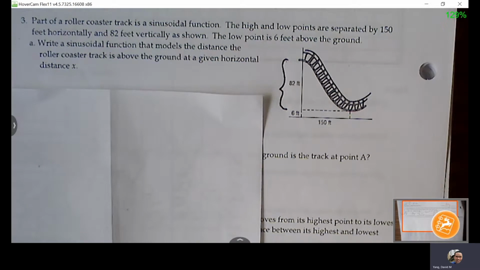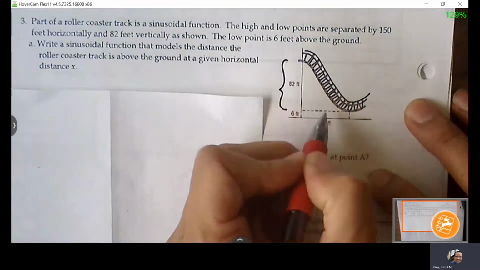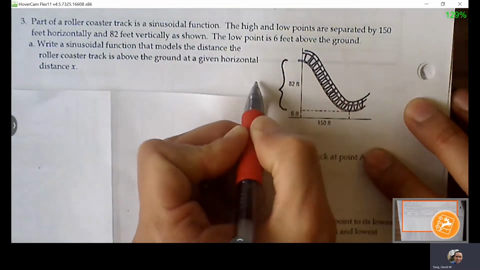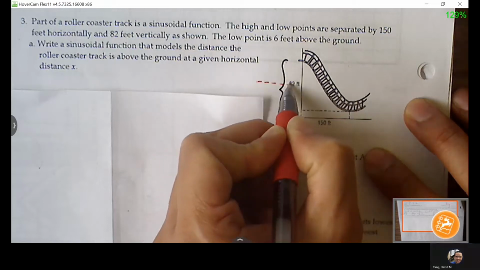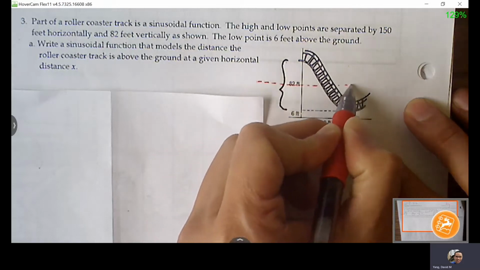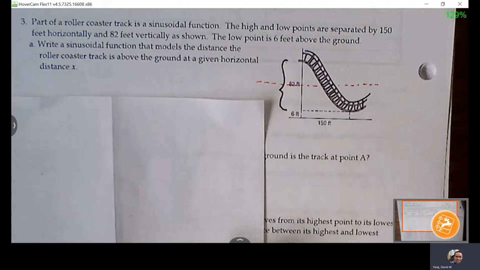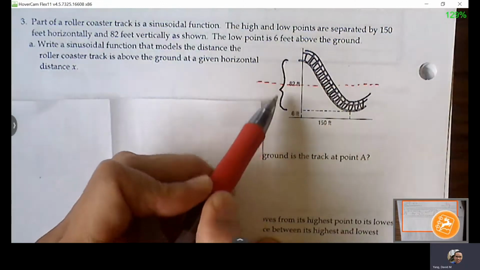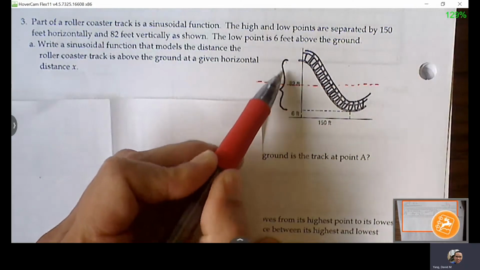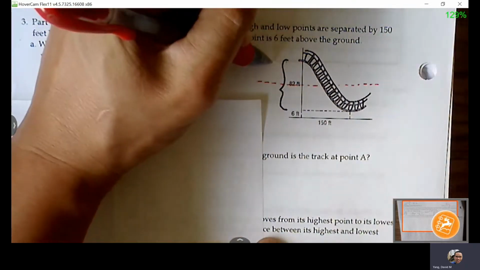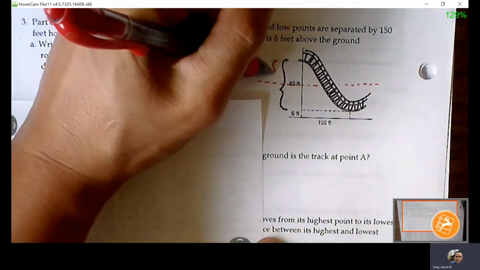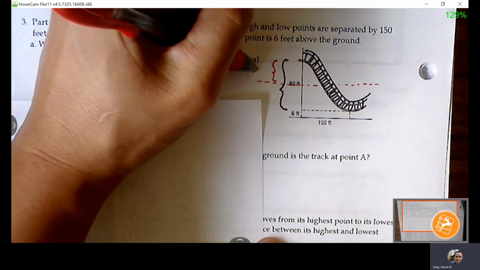Okay, so the midline is going to be halfway between the highest and lowest point of the track. If we split the difference between the highest and lowest points, we can figure out our A value, right?